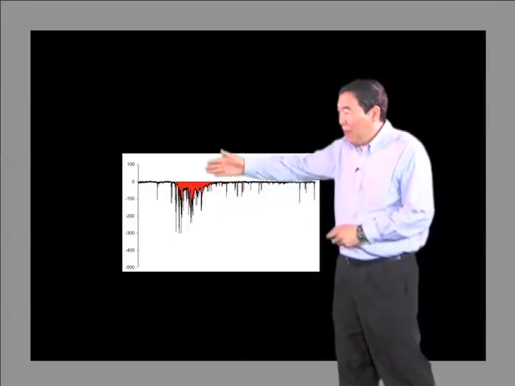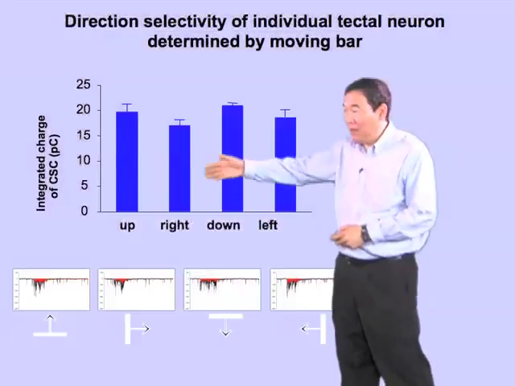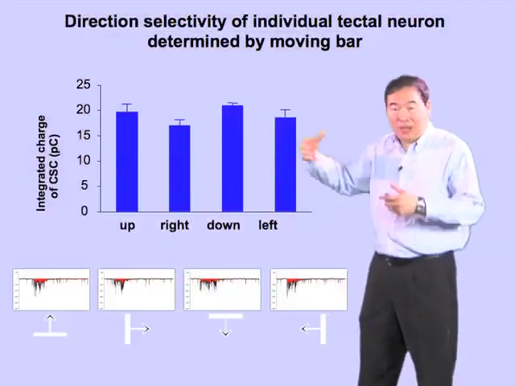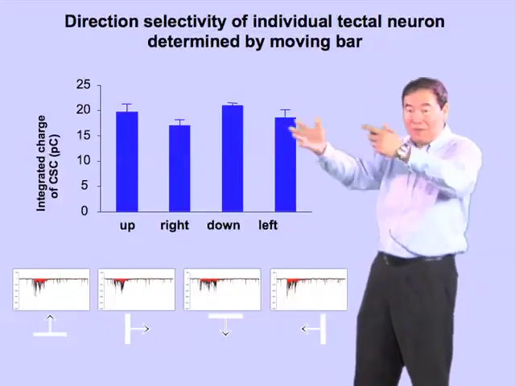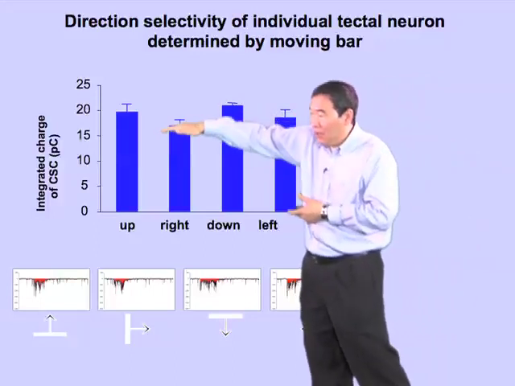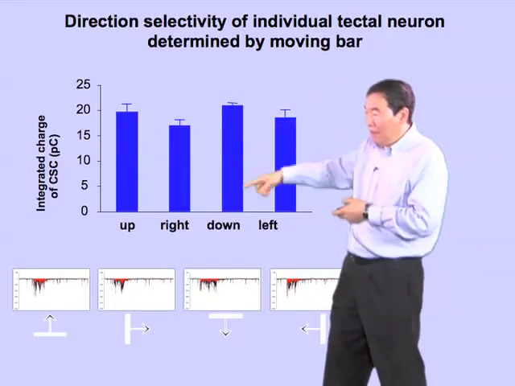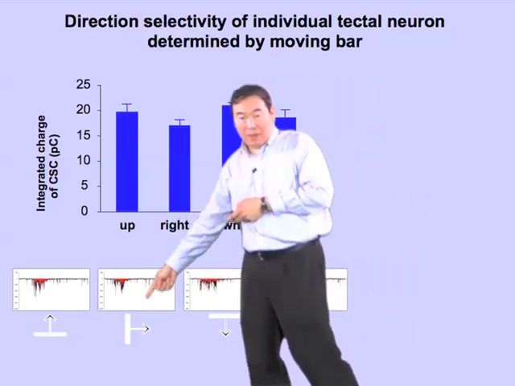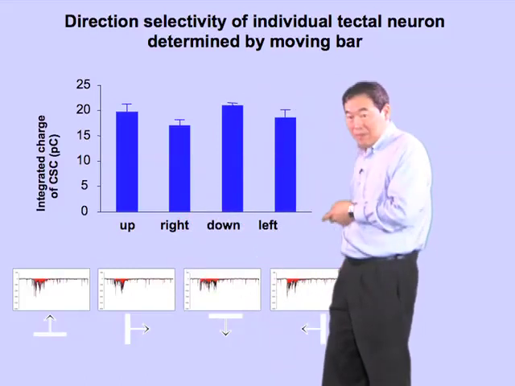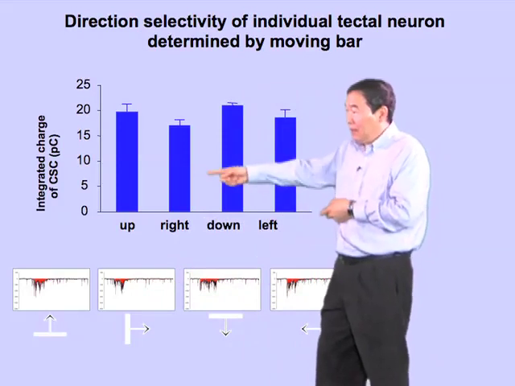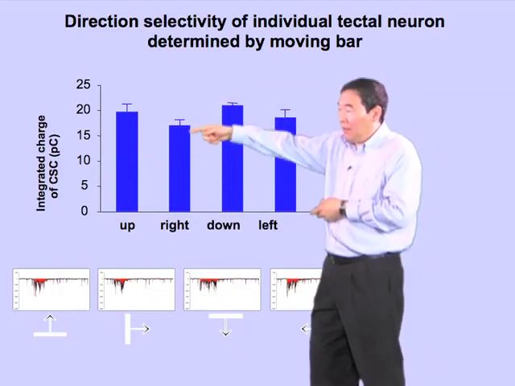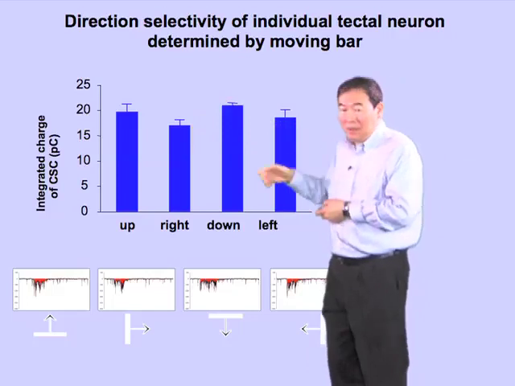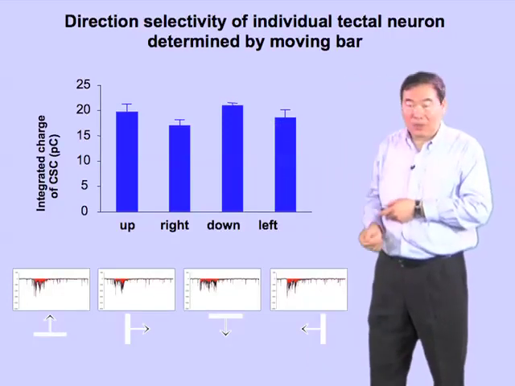We estimate how much excitation this tectal cell is receiving by integrating the charge in the flow of membrane currents. The integrated charge looks more or less the same. When we have 4 different bars, 4 different types of stimulus moving across, they create more or less equal excitation of the tectal cell.